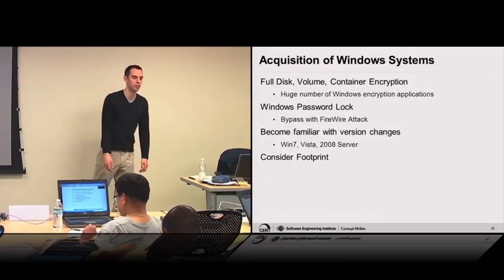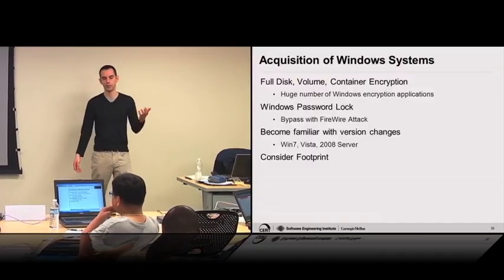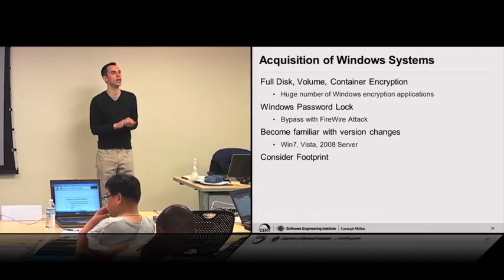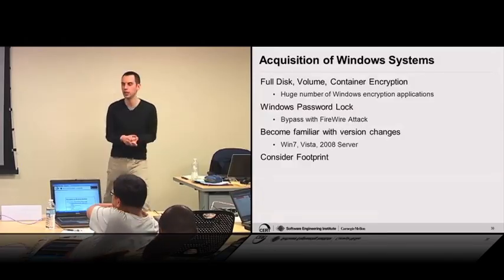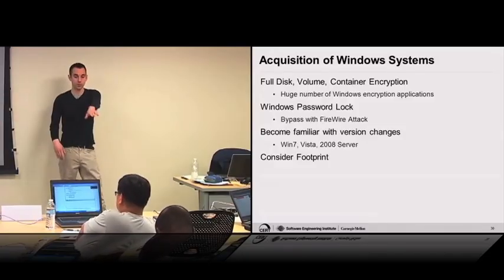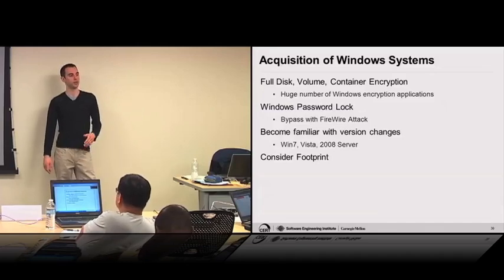Primarily the FireWire attack, which I think was originally developed or identified by Adrian Boileau. In any event, he found that FireWire, which is on probably all of your laptops here, allows for direct memory access, right?